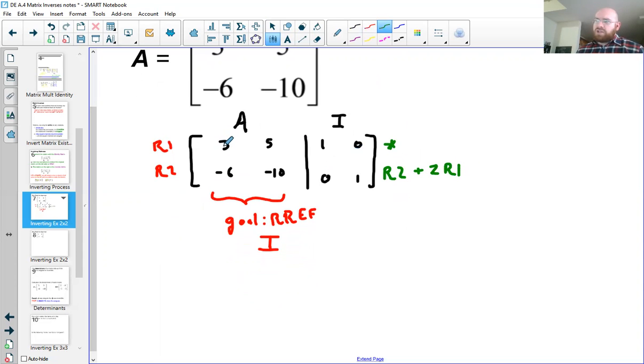That way I'll have 2 times 3 is 6, and that'll cancel out the 6. So I'm going to do plus 6, plus 10, plus 2, plus 0. And now in the next, our first row stays fixed.